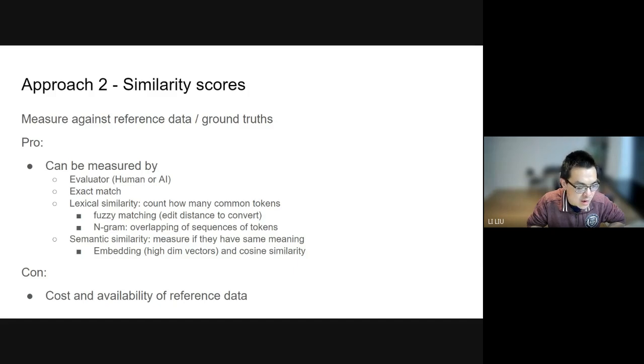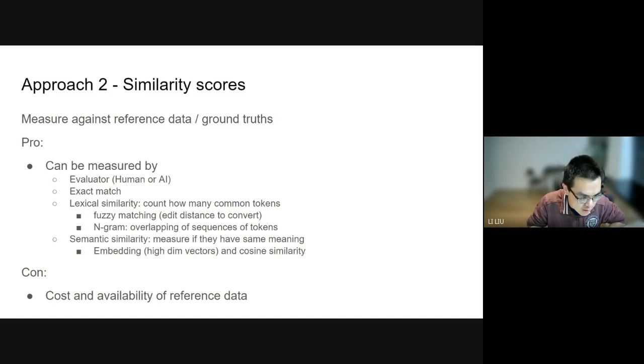I think this is best for use cases when the desired output is just maybe a certain name or short phrases. Like if we ask the model some common questions, such as who won the Nobel Prize in economics. For these short answers, we can use similarity scores against the ground truths, because there is usually a right answer we can compare against.